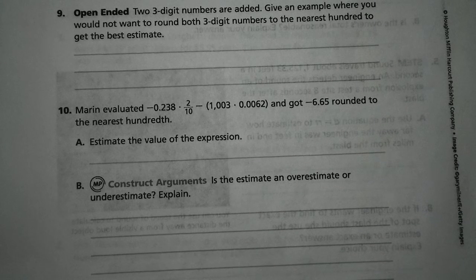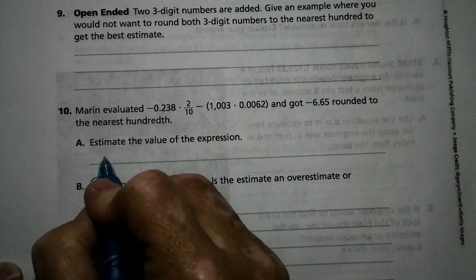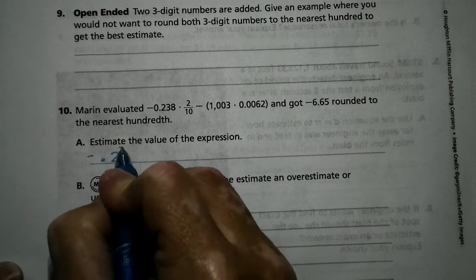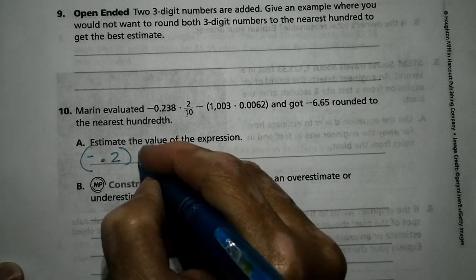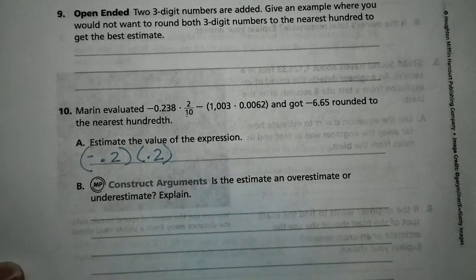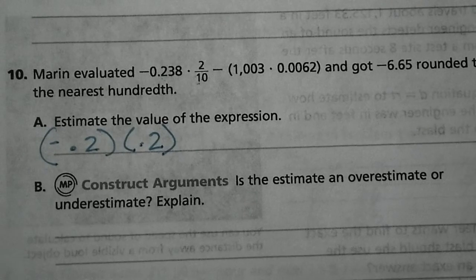So what I would do is I would round this to 2 tenths. And it's negative. We know that this is already 2 tenths. Wait. So we're basically just 0.2 times, or negative 0.2 times 0.2.